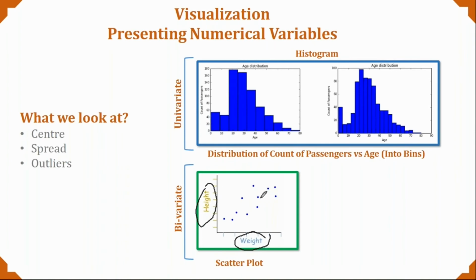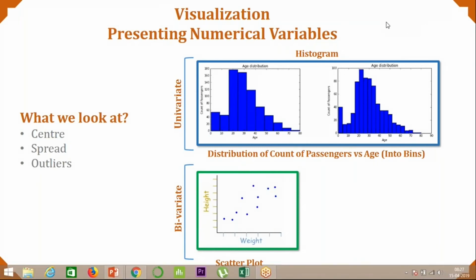If you look at the graph below, we have two variables, weight and height, and we have plotted a scatter plot here. This graph shows the relationship between height and weight, right?